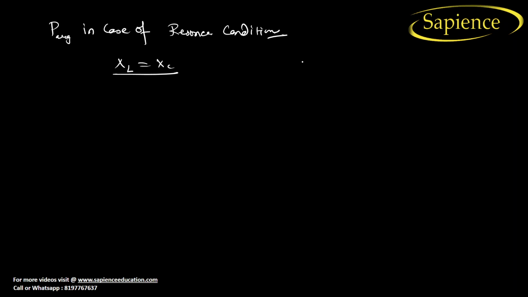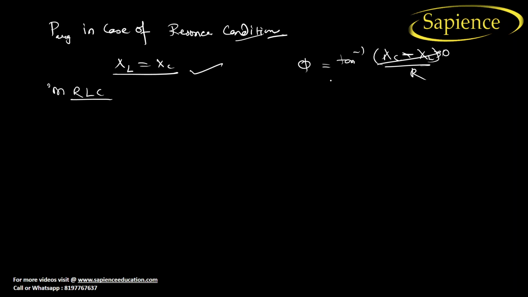So from here we know the phi for the RLC circuit. In an RLC circuit, when XL is equal to XC, the condition is resonance, and in this condition, if we want to find phi, phi is equal to tan inverse of XC minus XL divided by R. So XL and XC both are the same, so it can be written as 0. So from here we have 0.